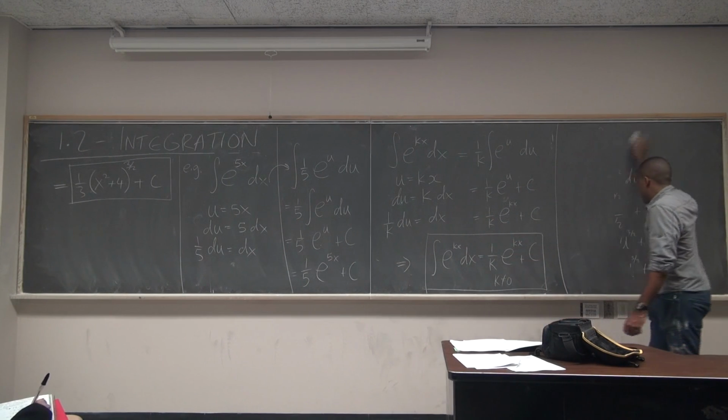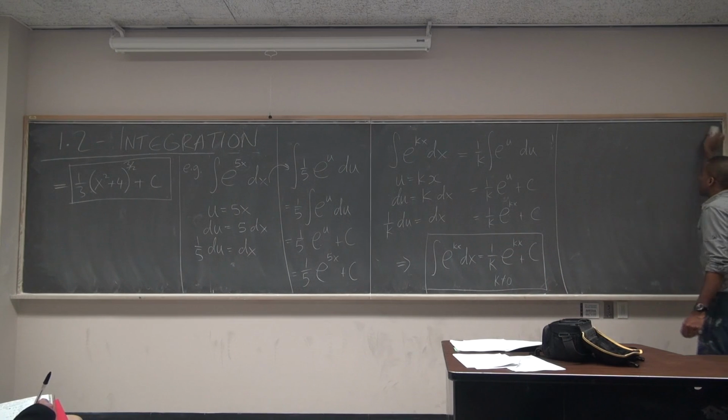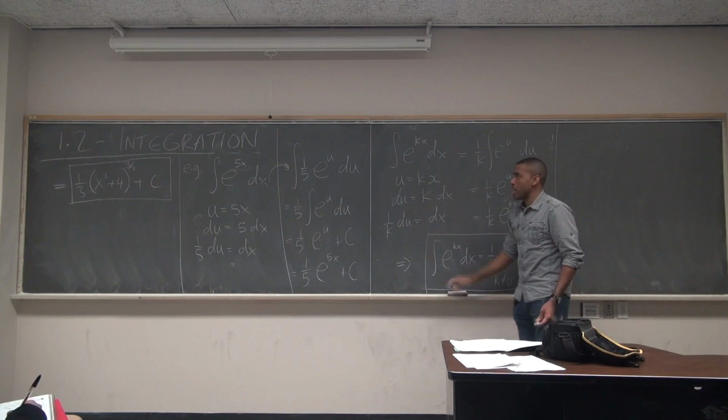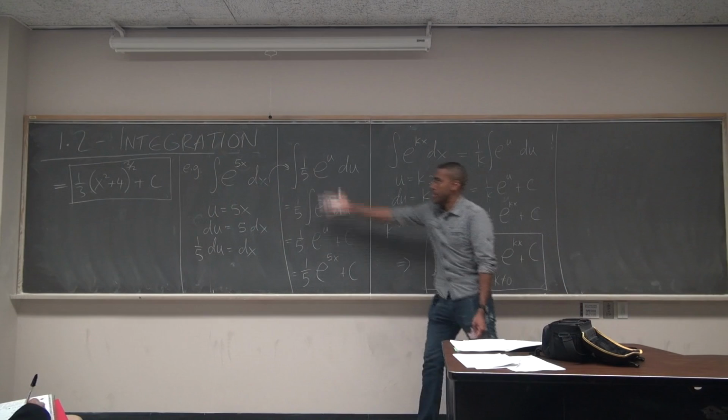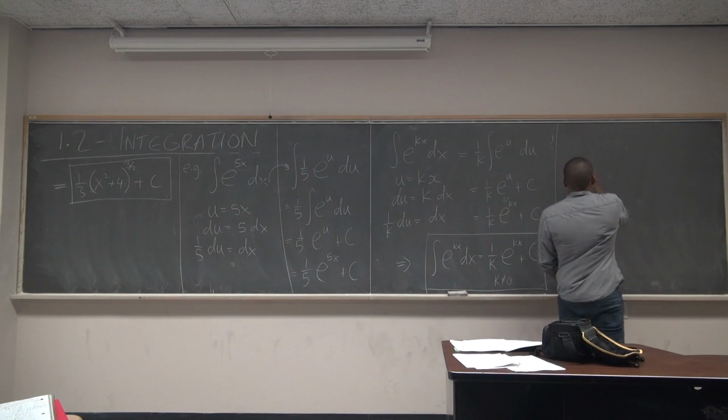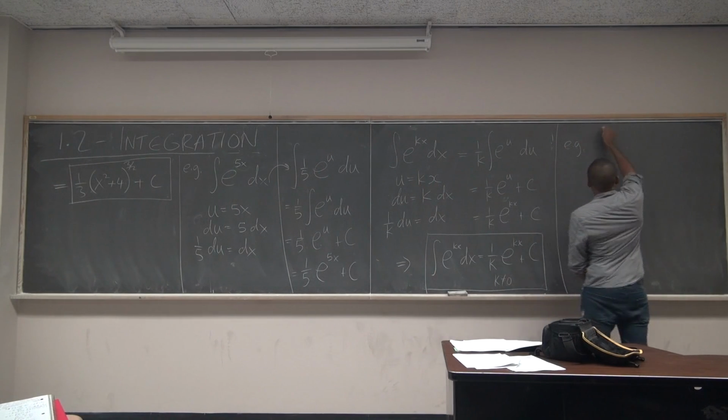So basically what that helps you now is it saves you some time. You don't have to go through a substitution every time you see something like e to the 5x. We can do all those integrals pretty easily right now.